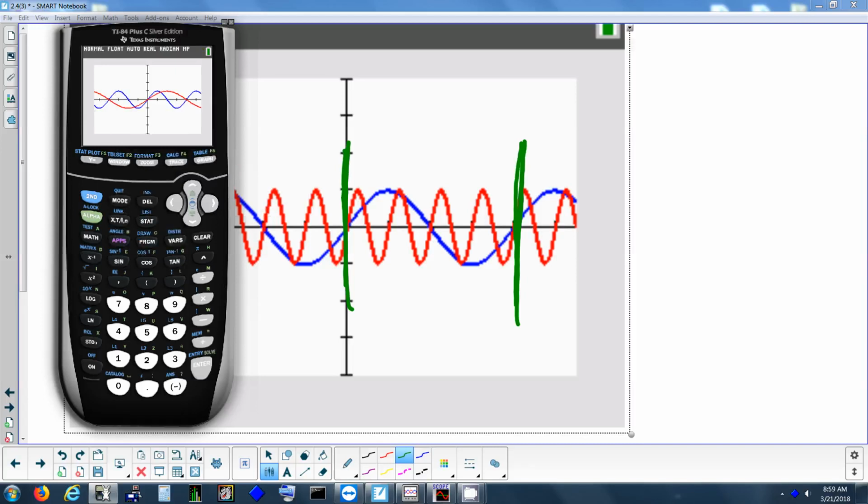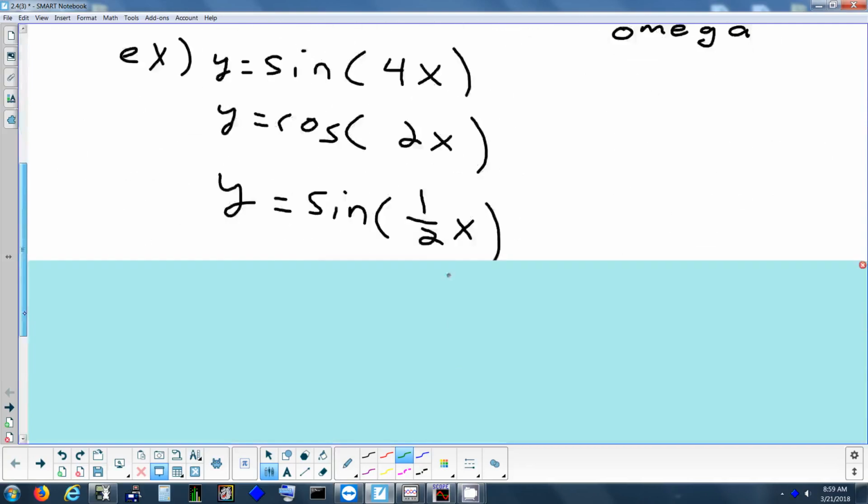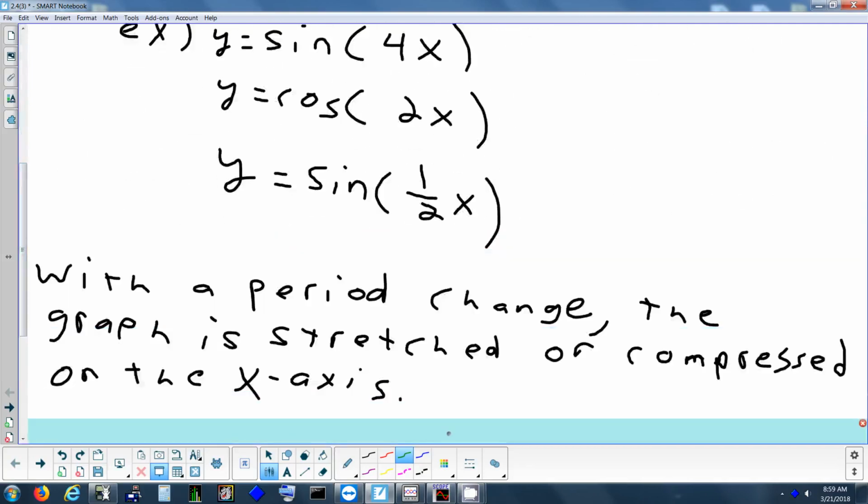So now, in order to get a full cycle of the one in red, you have to go twice as long as the one in blue. Okay. You kind of just focus on here and here. Get 1 cycle, 2 cycles. All right. So that's the effect of changing the number in front. So we're stretching and compressing along the x-axis.